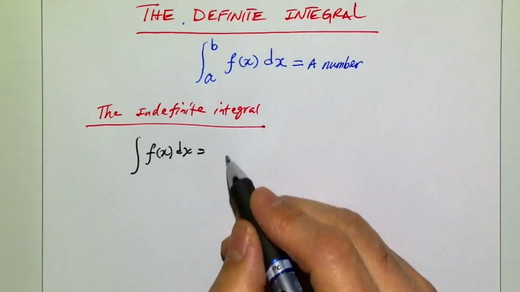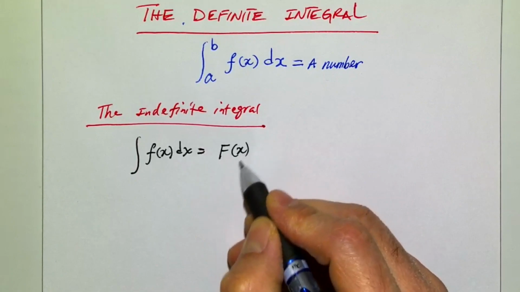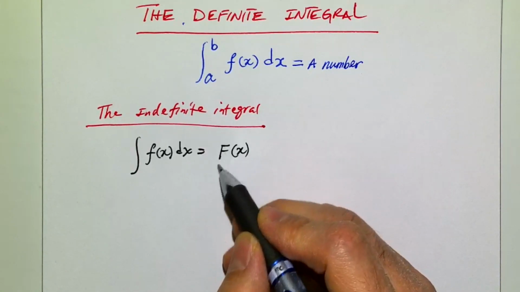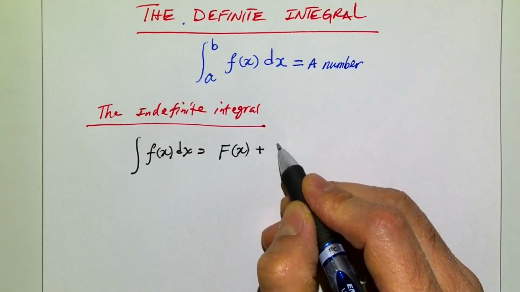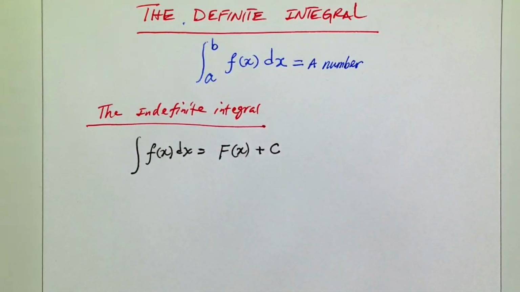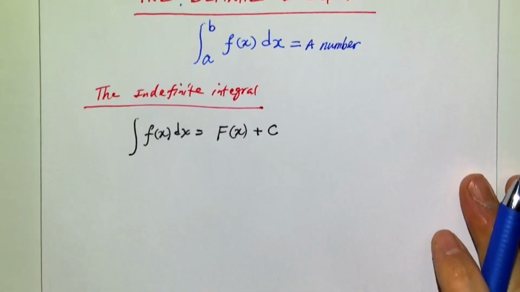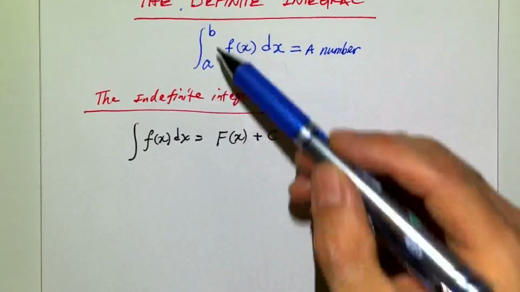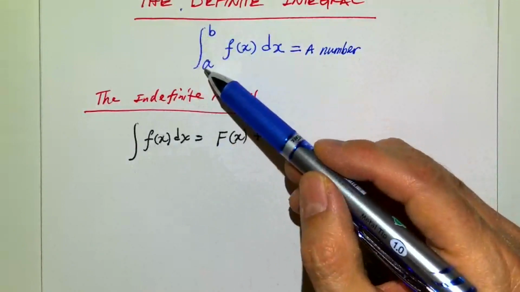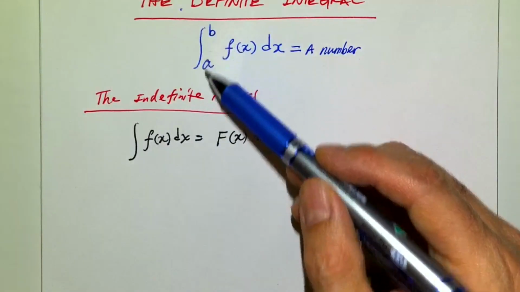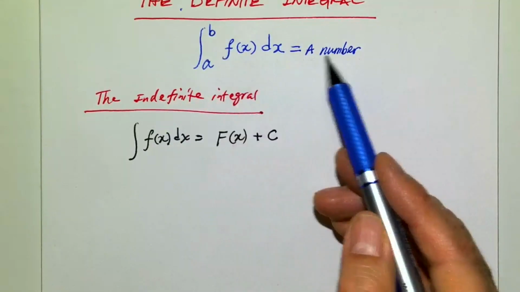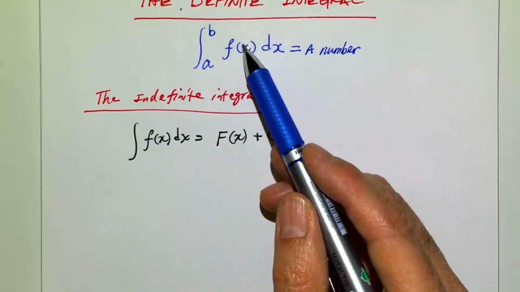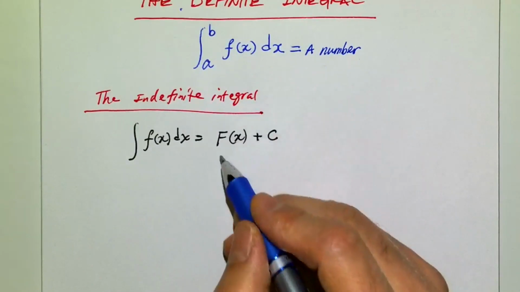So it would represent F, I'm just using the capital F for the antiderivative, F of x plus c. So these are a family of functions. Notice the huge difference here. The lower and upper limits are missing from the indefinite integral. And instead of representing a number, which is what the definite integral does, we have a family of functions.